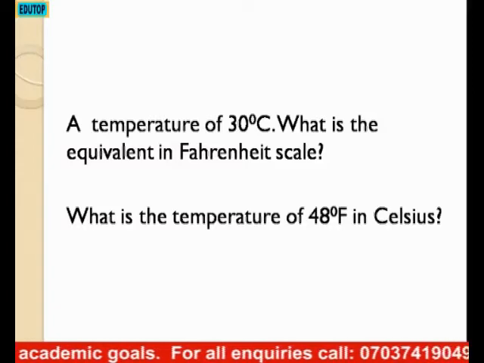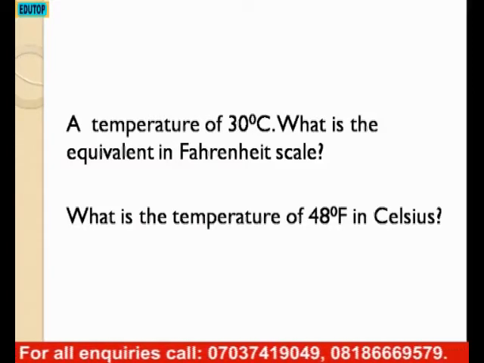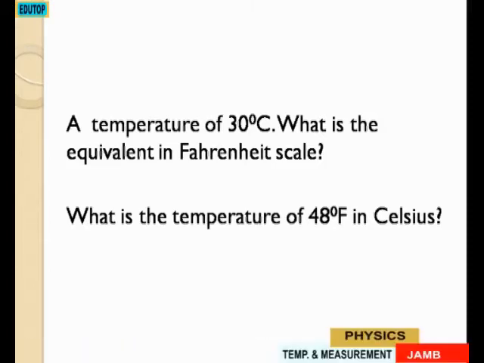Question number 3 says, a temperature of 30 degrees Celsius, what is the equivalent in Fahrenheit scale? The other time I told you, and I've given you a formula we can use to convert a value from Fahrenheit to centigrade and from centigrade back to Fahrenheit.